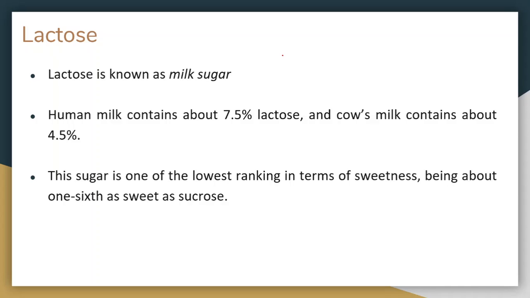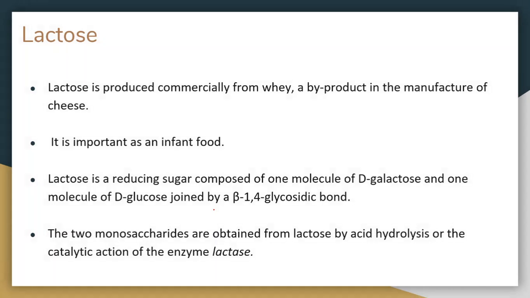Lactose is also known as milk sugar. Human milk contains 7.5% of lactose. Cow's milk contains about 4.5%. This sugar is one of the lowest ranking in sweetness, least sweet, 1/6 as sweet as sucrose.